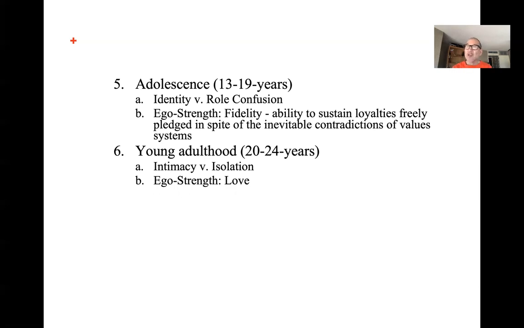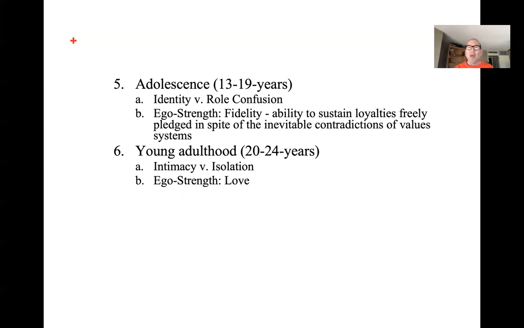Now, the next stage is stage 6, between ages 20 and 24, the stage which most of you are in right now, okay? And the fork in the road is intimacy versus isolation. Intimacy may be by way of romantic intimacy, finding that partner, and maybe living together, or maybe getting married, or just intimacy in terms of friendships, or working with a group of people.